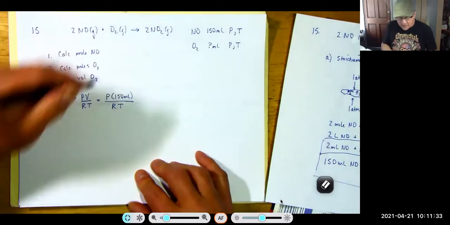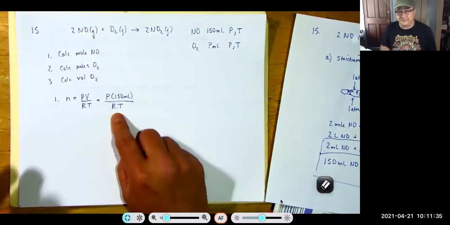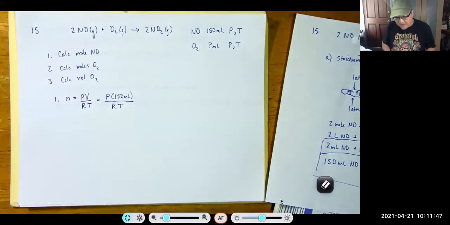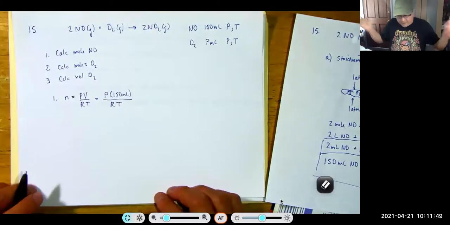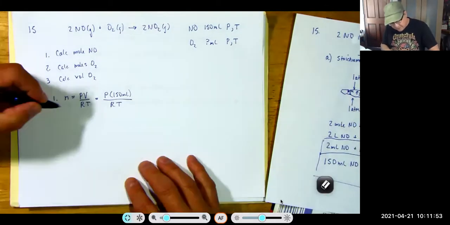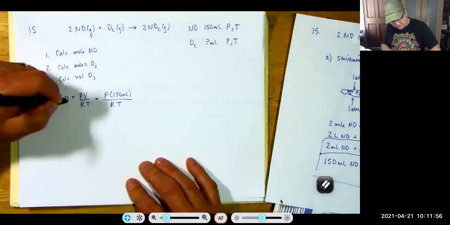Now we can put a number in for R, right? What number do we put in for T? We don't have one. What number do we put in for P? We don't have one. So I'm just going to leave it the way it is. So this is the moles of NO.